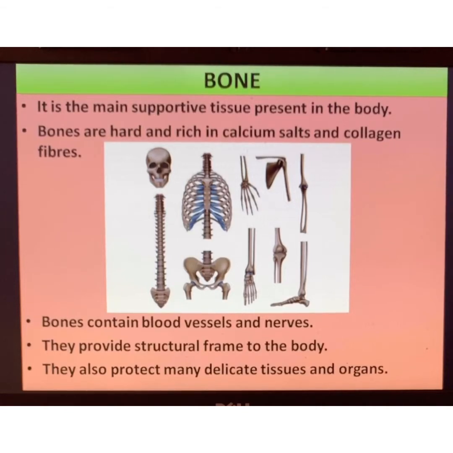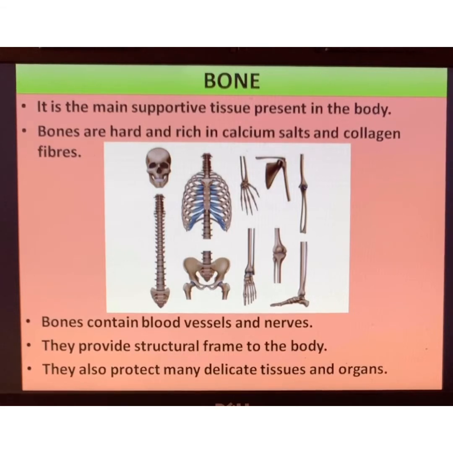Bones are also living tissue because they are supplied by blood vessels and nerves. Wherever, students, there is a reference to the supply of blood vessels, that means that particular tissue requires oxygen and nutrients, and requires the carbon dioxide and metabolic wastes to be taken back. So it means it's a proper living tissue.